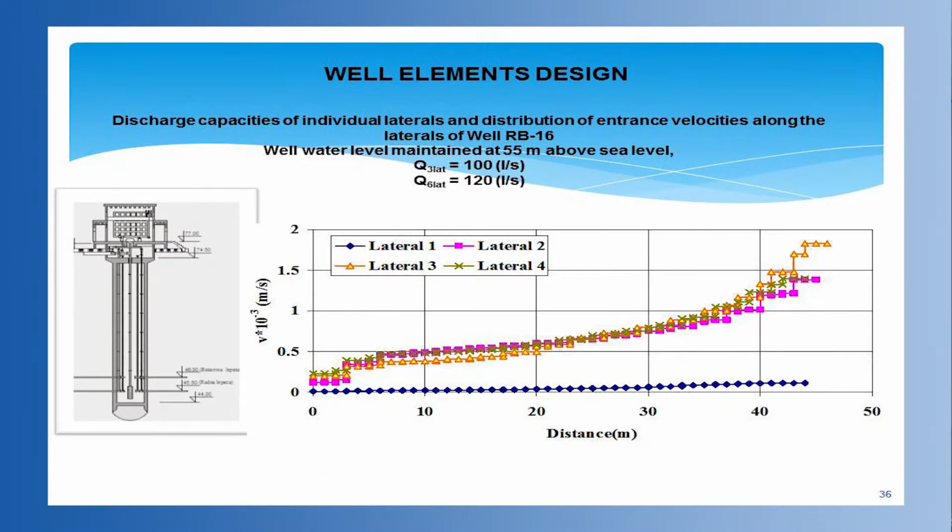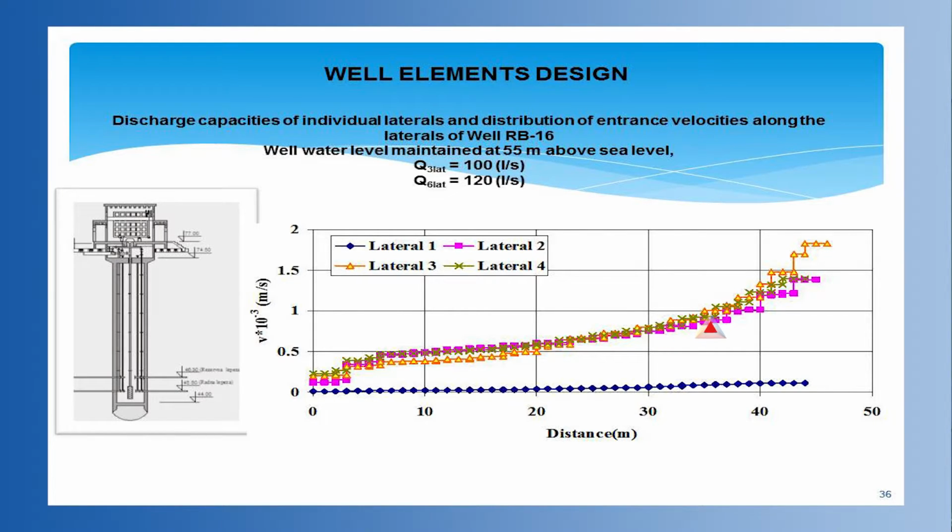And now something which is relatively interesting. Well laterals and intensity of velocity incoming to well laterals. So at the top of laterals, at the beginning, the velocity is the biggest. After a time, it moves toward the water shaft of the well.